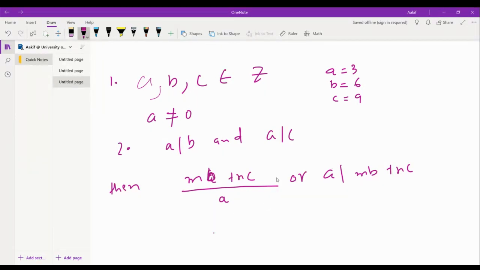So we're taking an example where A is equal to 3, B is equal to 6, C is equal to 9, and let's say M is equal to 1 and N is equal to 2.